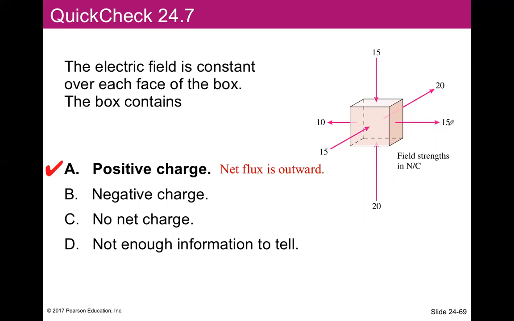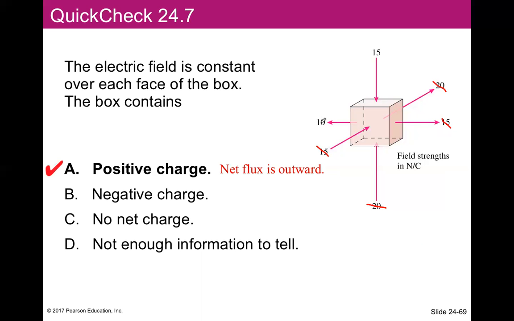Okay, so let's do it by ourselves. Let's not trust the answer. First, you have 15 out and you have 15 in. These two cancel. You have 20 out, 20 in. Those are canceled. Now you have 15 in, 10 out. So the net flux should be in or out? It's in. Then it should be negative.